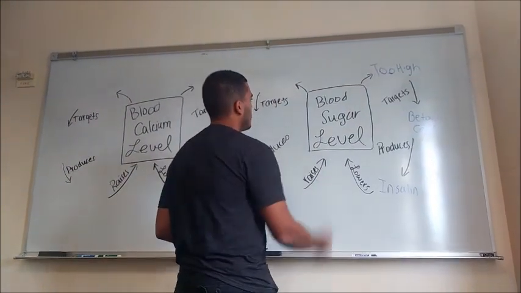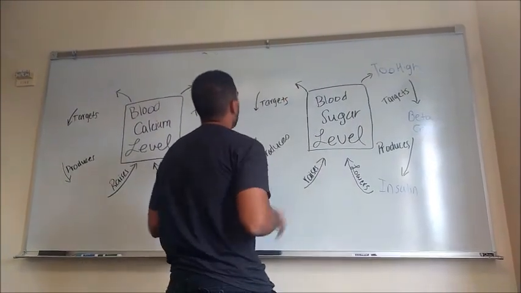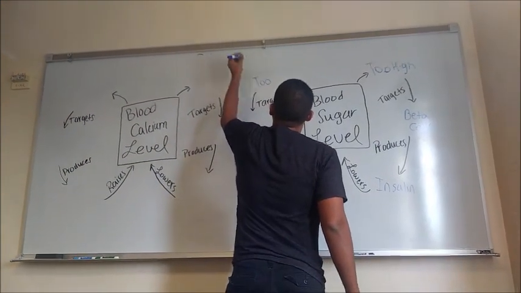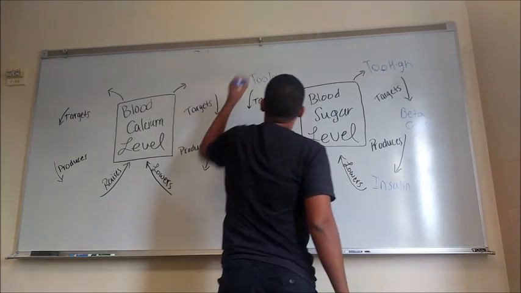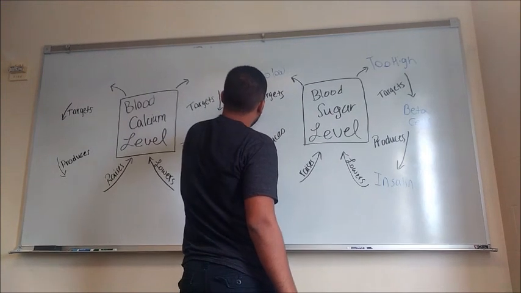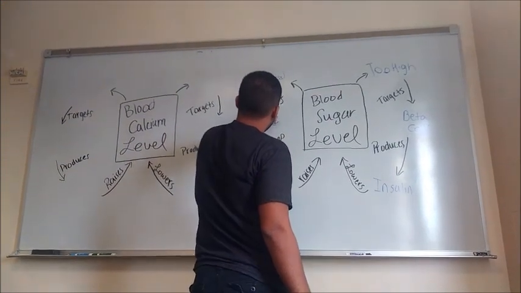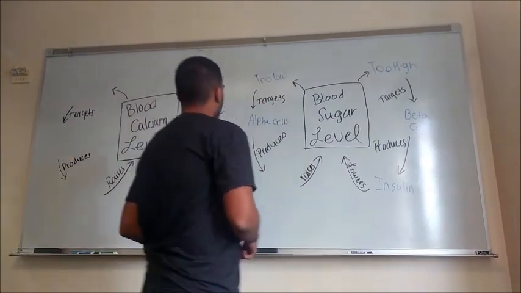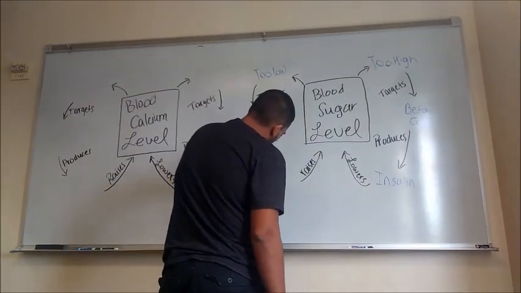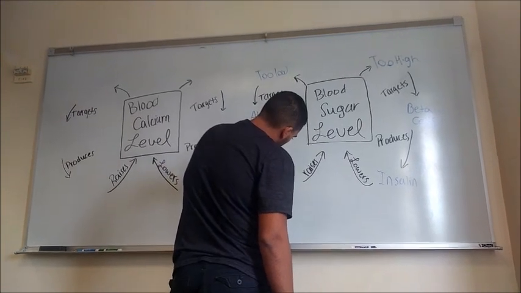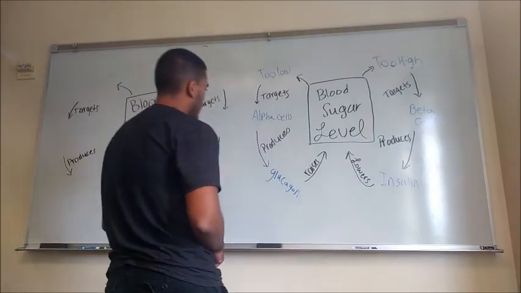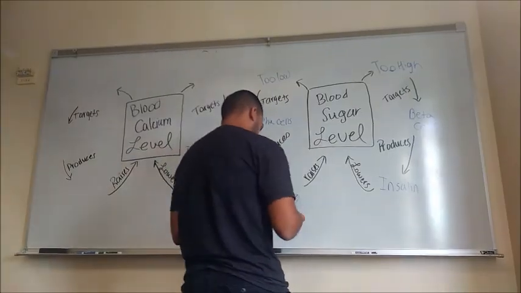And then that insulin lowers your blood sugar level. And on the other side, if your blood sugar level is too low, your body targets alpha cells. And these alpha cells produce glucagon. And that glucagon raises your blood sugar level.